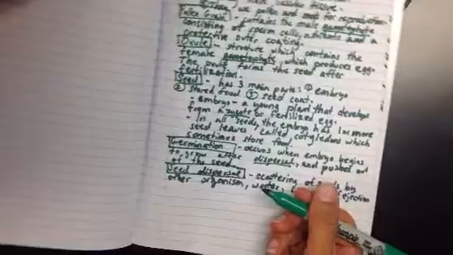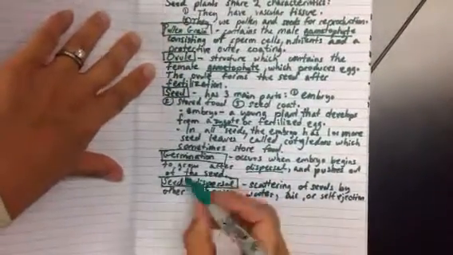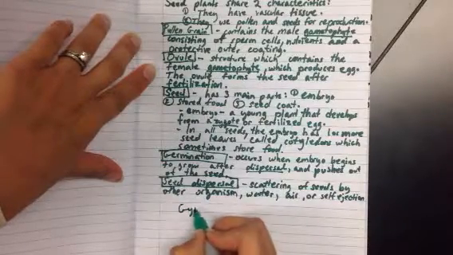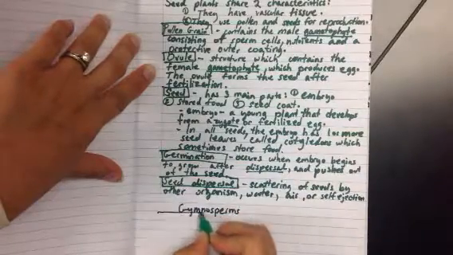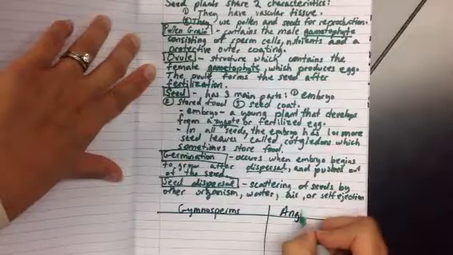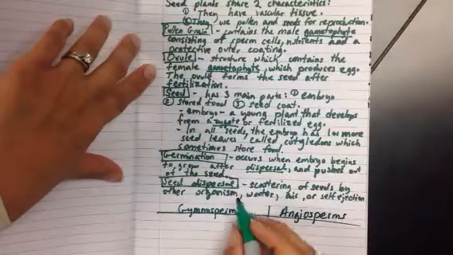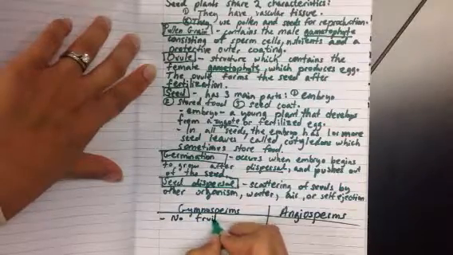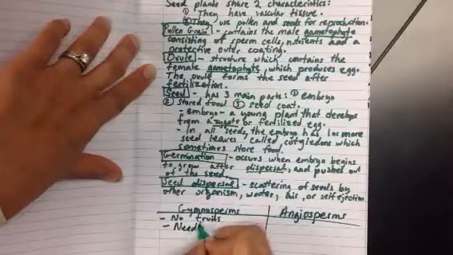So we classify seed plants into two categories, and these are our gymnosperms and our angiosperms. Gymnosperms have no fruits. They have needle-like leaves.